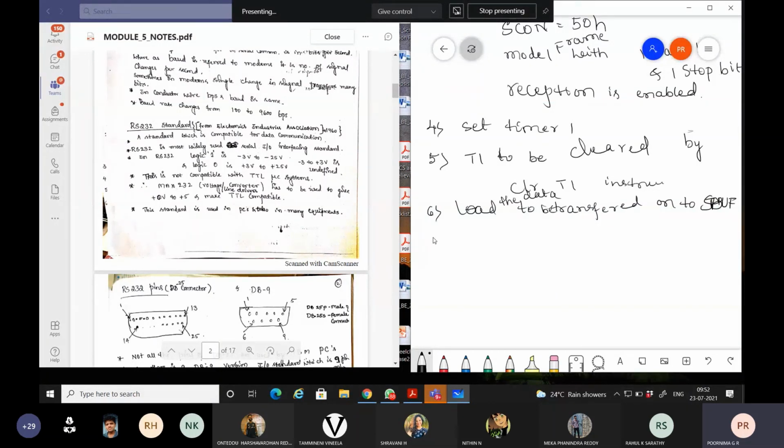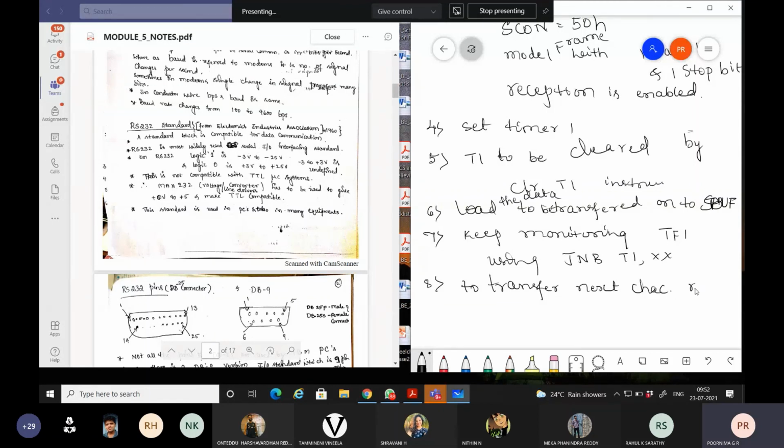Then the next step is to keep monitoring TI using JNB TI, XX. Afterwards, the 8th step, to transfer the next character, is to repeat from step 5.